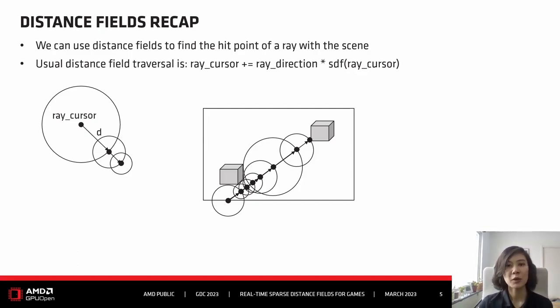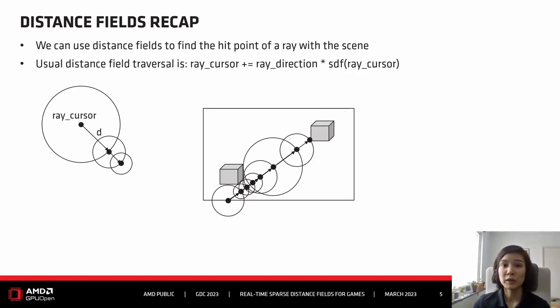It's not just ray origin because you advance it in every step, along the ray direction, by the distance that you get from the distance field, because you know anything closer will be just empty space. And then you repeat this until the returned distance falls below a given threshold, and then you can consider it to be a hit.